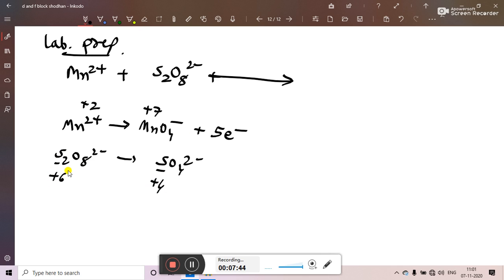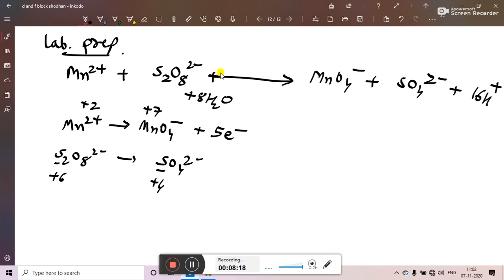Now here we will see that persulfate ion will convert into sulfate ion. So here Mn2 plus will convert into MnO4 minus, persulfate ion will convert into SO4 2 minus. Now on the left hand side, we will take 8H2O. So on the right hand side, we will be having 16H plus, because 8 times 2 is 16 hydrogens.